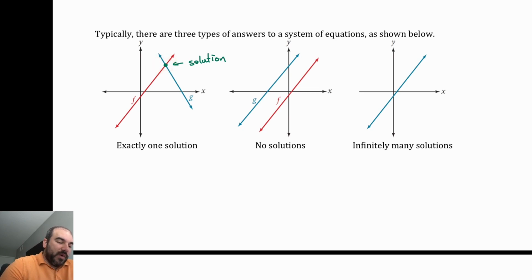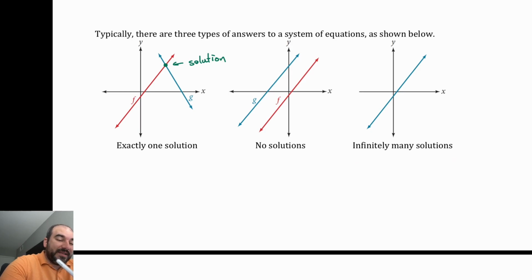They could intersect in one point, which means there's exactly one solution. They could never intersect, in which case we can't find a solution because they don't intersect, which means the answer is no solutions. Or they could be on top of each other, in which case every single point on the line is a solution, which means we have infinitely many solutions because these lines go on forever, right? Every single point on this line is a solution, and there are infinitely many solutions.